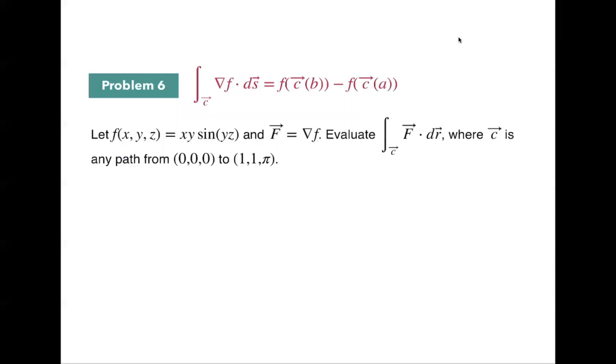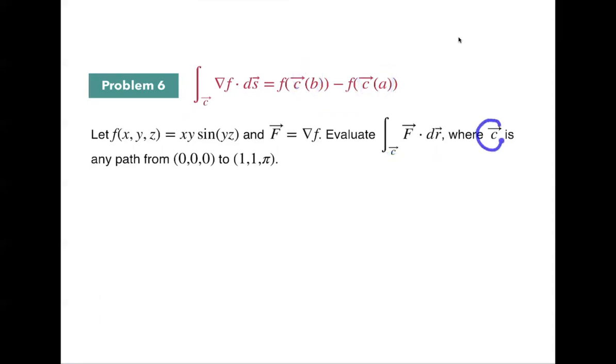Let f of x, y, z be given by xy times sine yz, and our vector field F is just the gradient of f. That means that F is a gradient vector field, so this integration over C of F dot dr only depends on the endpoints.